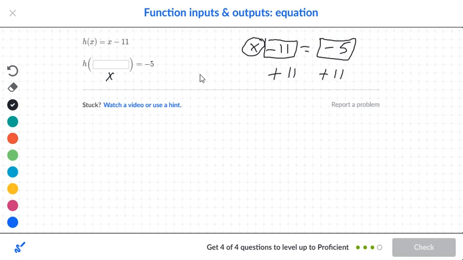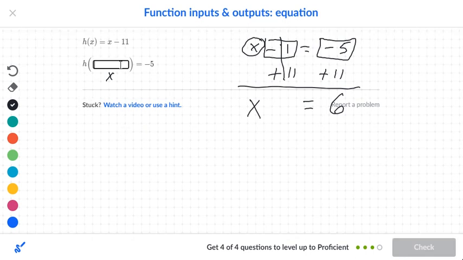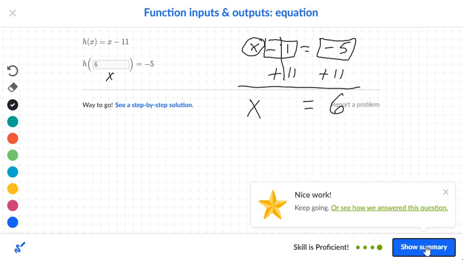Cross this out. This is x. Negative 5 plus 11 is 6. And then if we check it, 6 minus 11 is a negative 5, so it does work. So inside this box should go a 6.